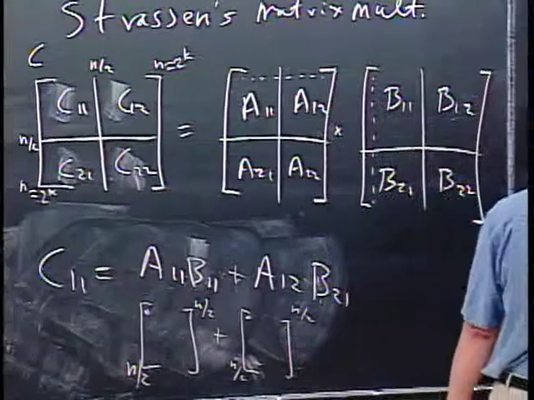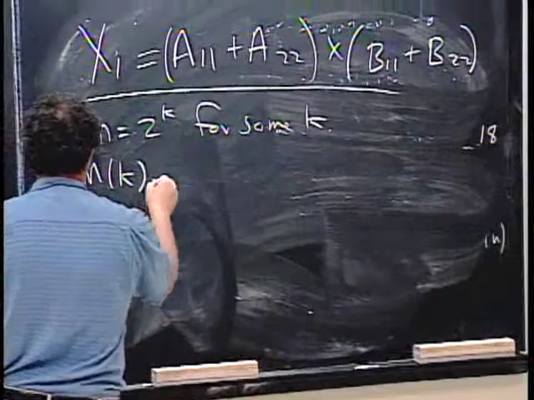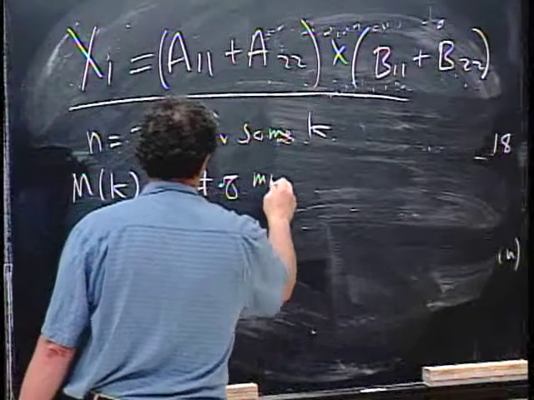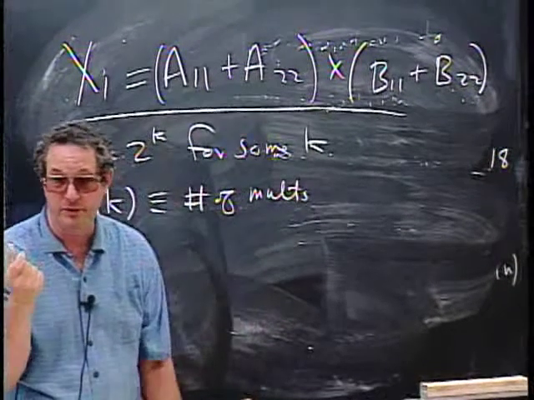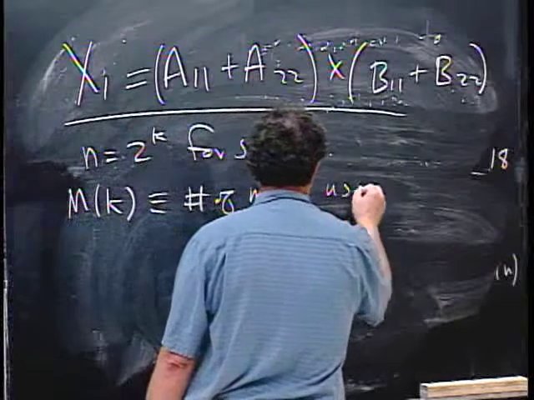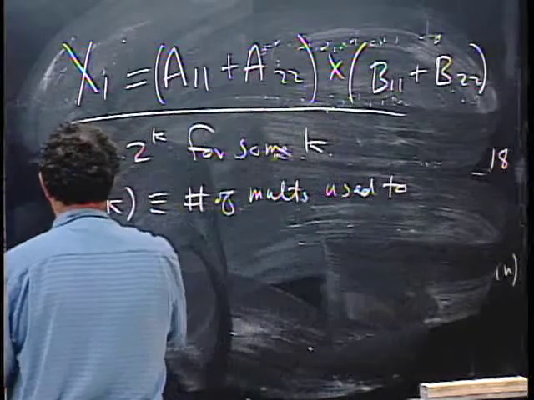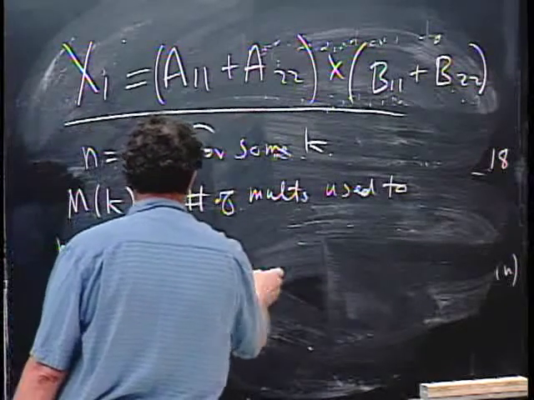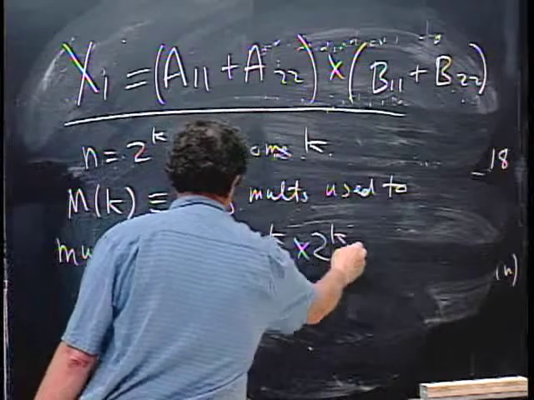So n is equal to 2 to the k for some k, and therefore we can define M_k as the number of scalar multiplications, multiplications of individual numbers, used to multiply two 2 to the k by 2 to the k matrices.